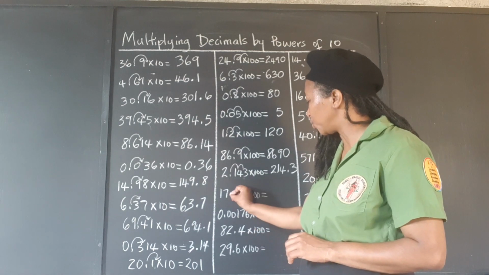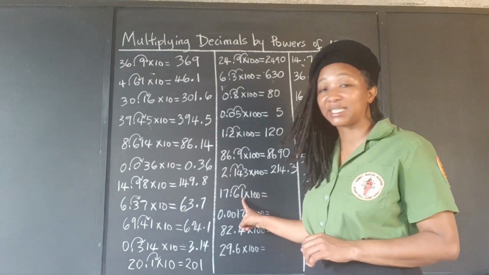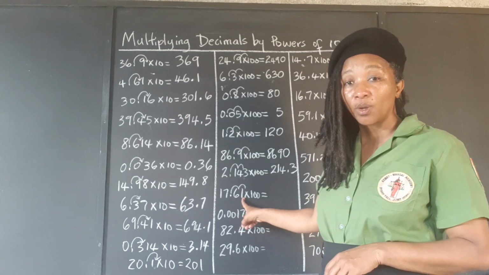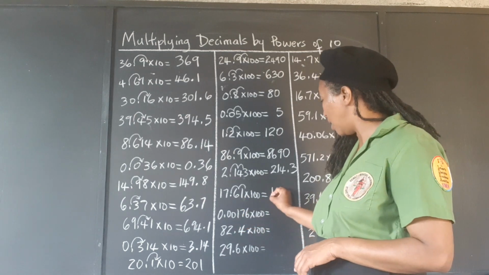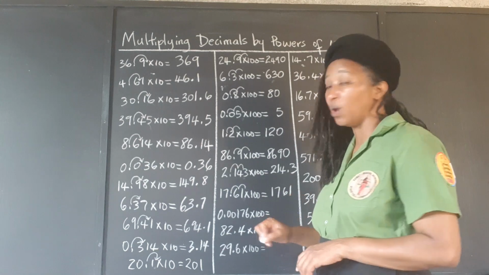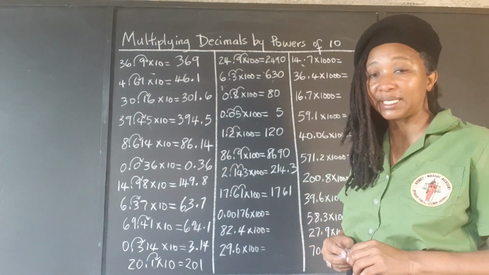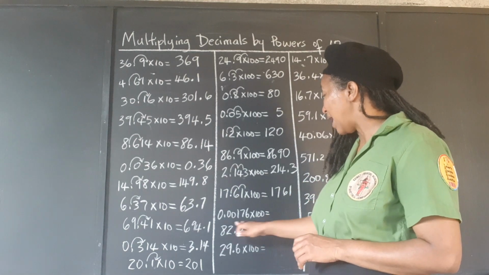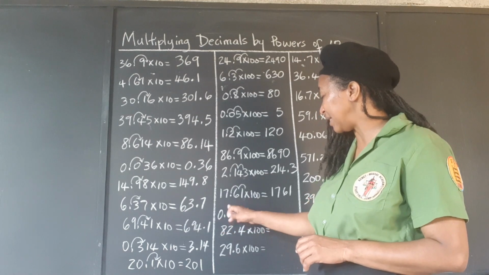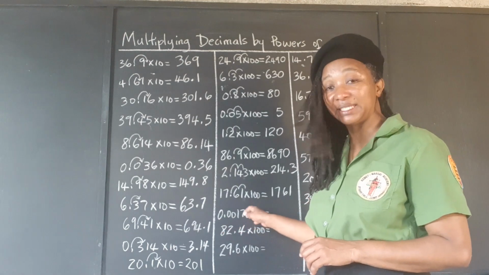17.61 times 100. 2 places from here would take us to the end of the number, which would mean it would be 1761. Now we have this decimal, 0.00176.